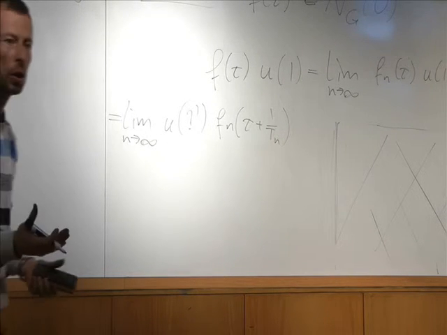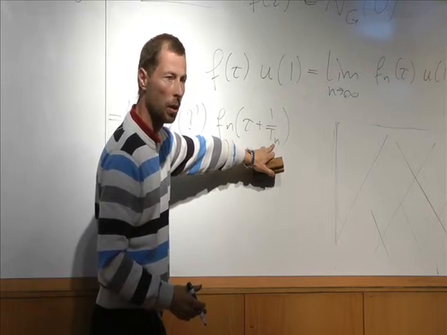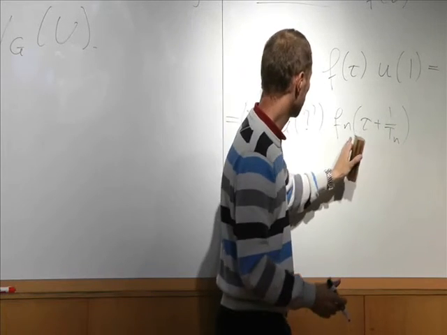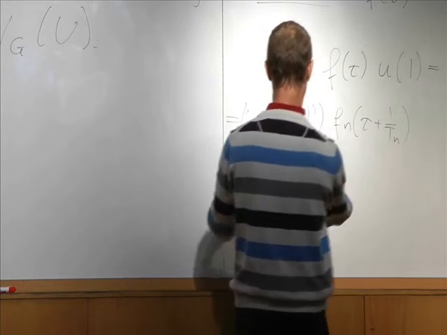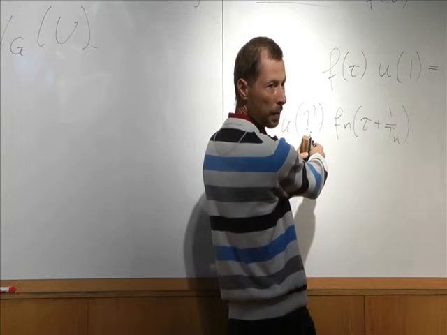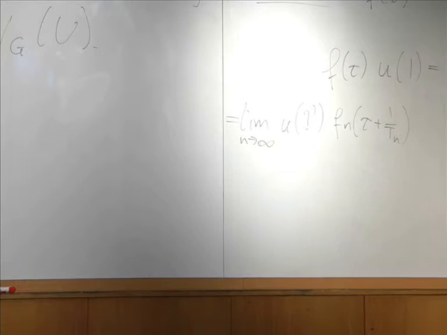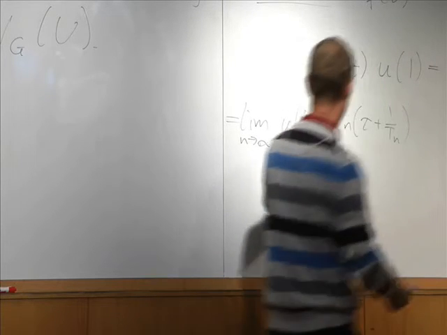But I have uniform convergence. And the 1 over Tn goes to 0. So it doesn't matter in the sequence. So this question mark is a difference of 2 question marks. That's the correction that you need in order, yeah, to make it match precisely. But I don't want to write it down.